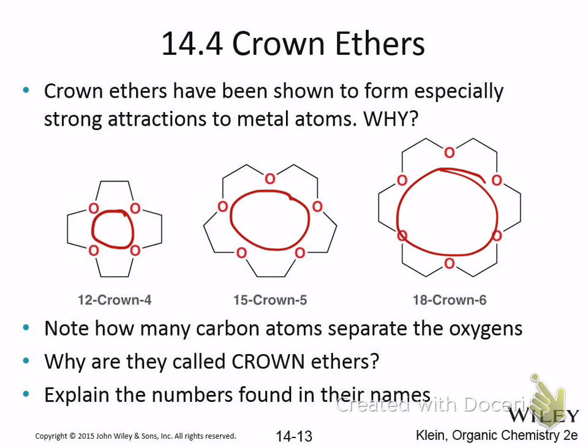So if you bring a cation in the presence of a crown ether, it'll get sucked into that pocket, especially if it fits. So if I try a potassium ion in here, the potassium ion in respect to the molecule is about that big. The K plus ion actually fits right into this 18-crown-6.